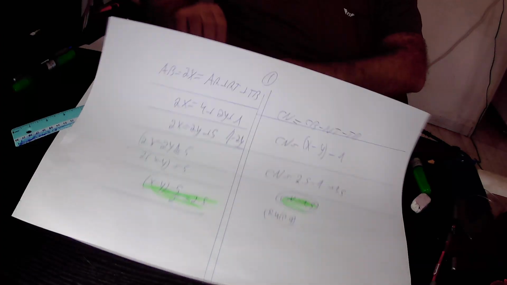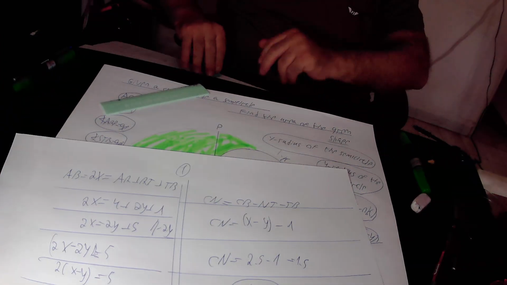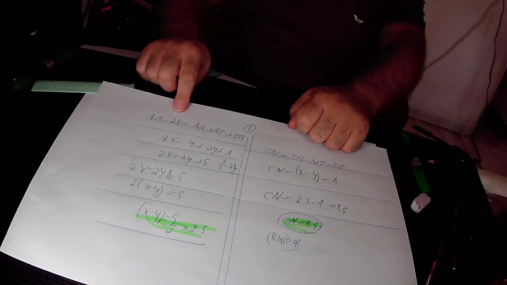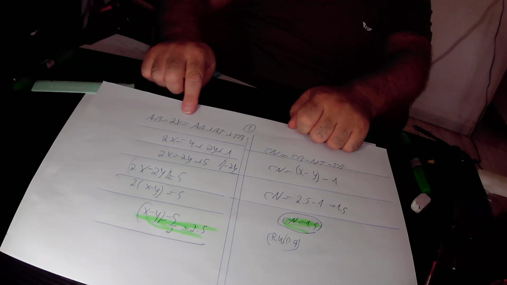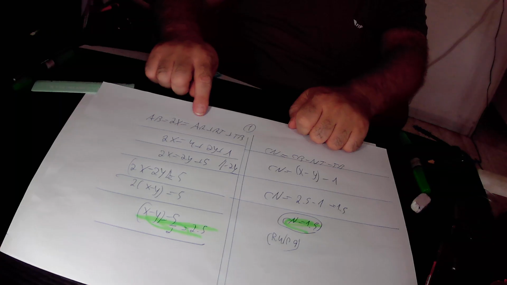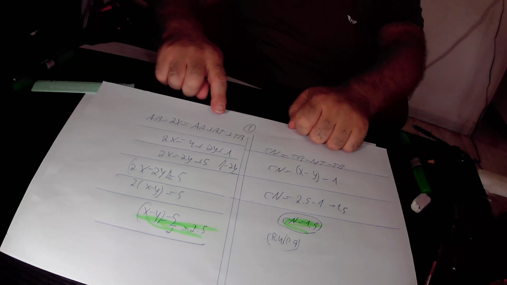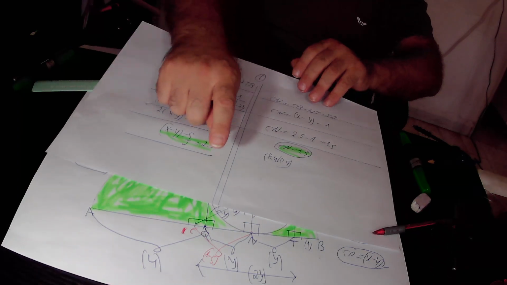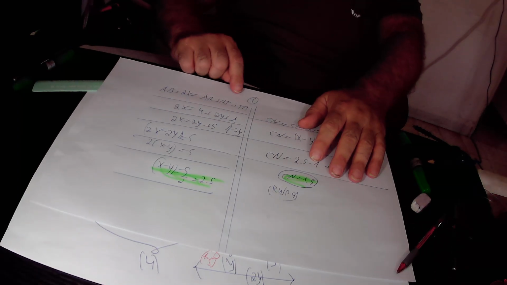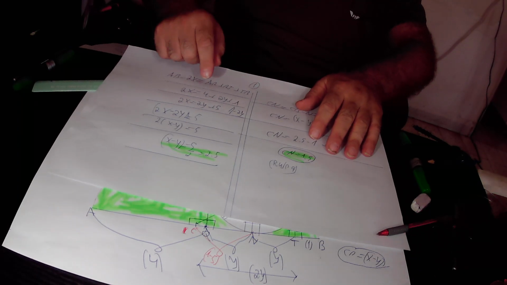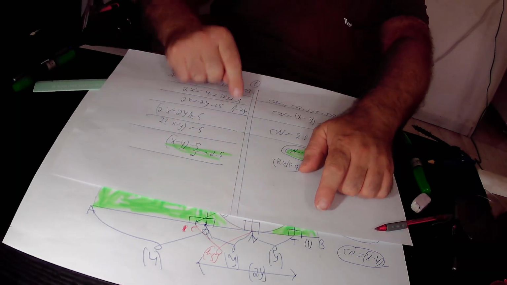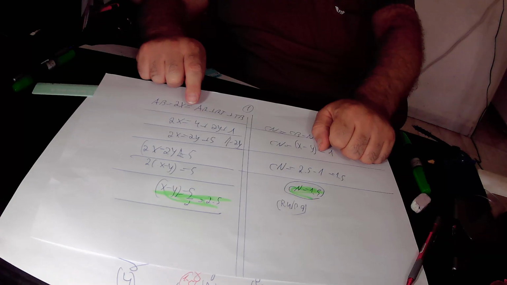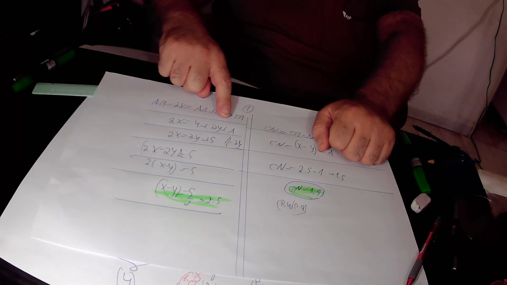AQ is 4, QT is 2y, and TB is 1. So in total, 2x equals 4 plus 2y plus 1.